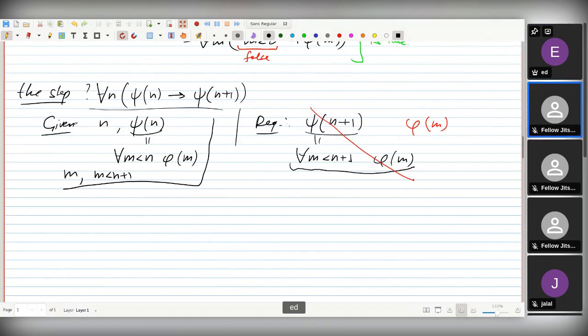Yes, sir. Okay, ladies and gentlemen, we know that m is less than n plus 1. How is it possible? Oh, look. Here is our natural number series. 0, 1, 2, and so on. Somewhere here we have n and n plus 1. Which numbers are less than n plus 1?